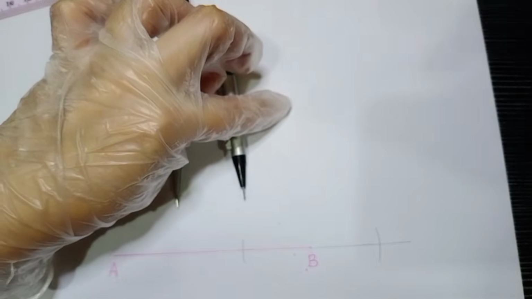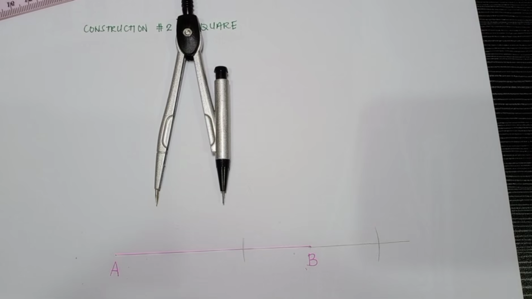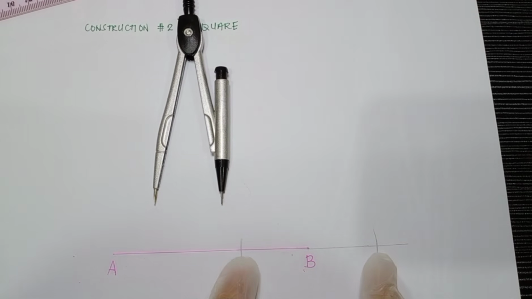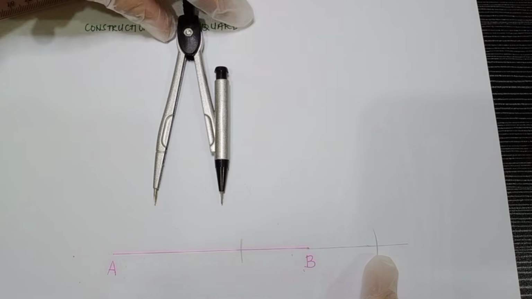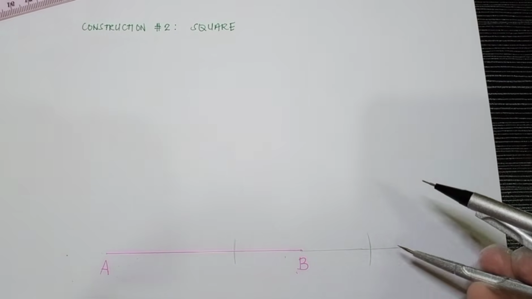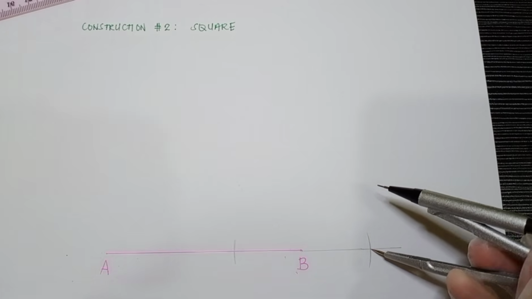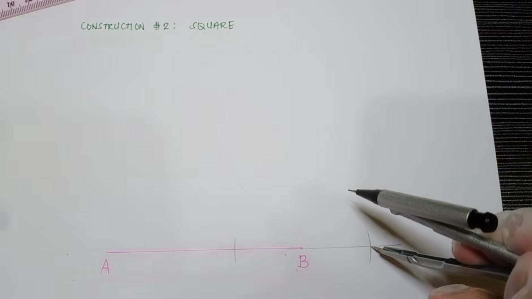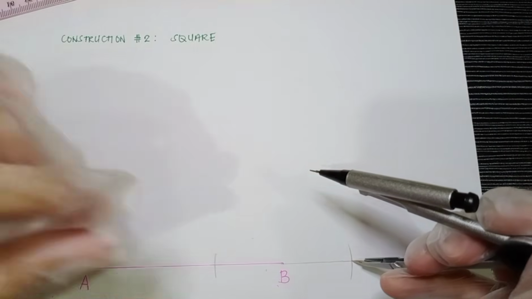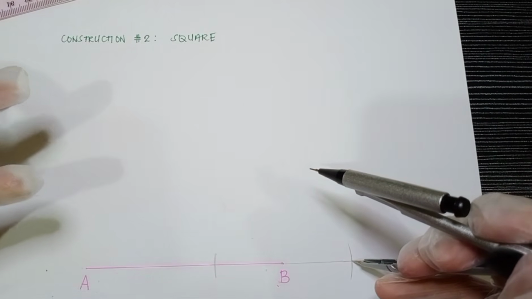Okay, so since gagawa po tayo ng perpendicular line, ito po yung step nun. Kailangan meron ka muna ng 2 point dito. Actually, naturo ko na to dun sa unang construction natin, how to construct a perpendicular line. Now, etong 2 points na to, pwede nyo i-extend yung inyong radius.